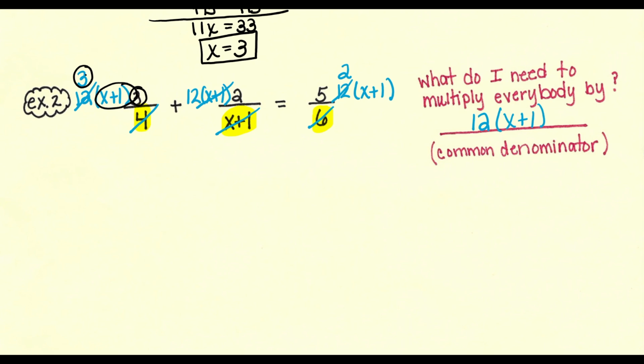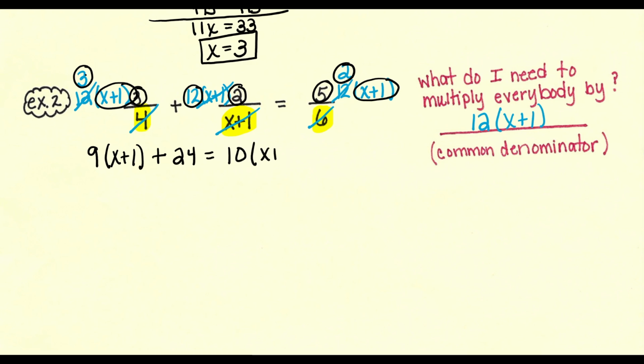So 3 times 3 is 9, and your x plus 1. Plus, here you have 12 times 2, which is 24. And here I have 5 times 2 times an x plus 1. So that's 10 and x plus 1.